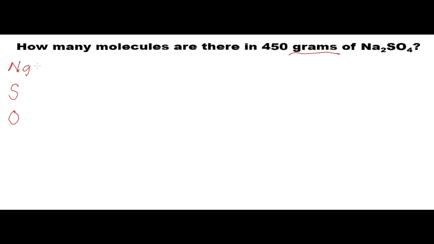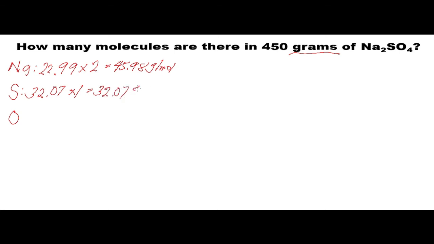From the periodic table, sodium has 22.99. Since you have two atoms of sodium, multiply this by 2, you will get 45.98 grams per mole. For sulfur, you will have 32.07 times 1. Since you have one sulfur atom, you will still get 32.07 grams per mole.